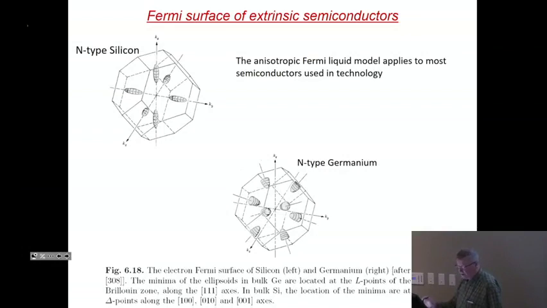In germanium, they're also little ellipsoids, and they're along the 111 axis. This is for n-type material. P-type material in silicon and germanium have a valence band that remains at the center. Well, they have a light valence band and a heavy valence band, and the heavy valence band remains at the center.